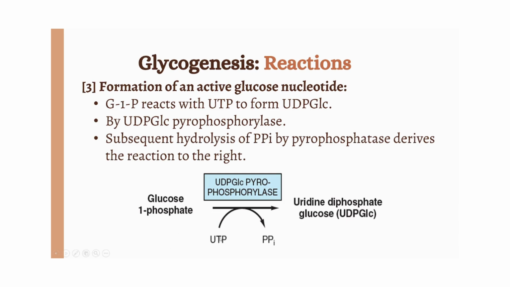UTP, uridine triphosphate, is used as a source of energy, and there is subsequent hydrolysis of the pyrophosphate by a pyrophosphatase, ensuring that the reaction goes in the right direction irreversibly.